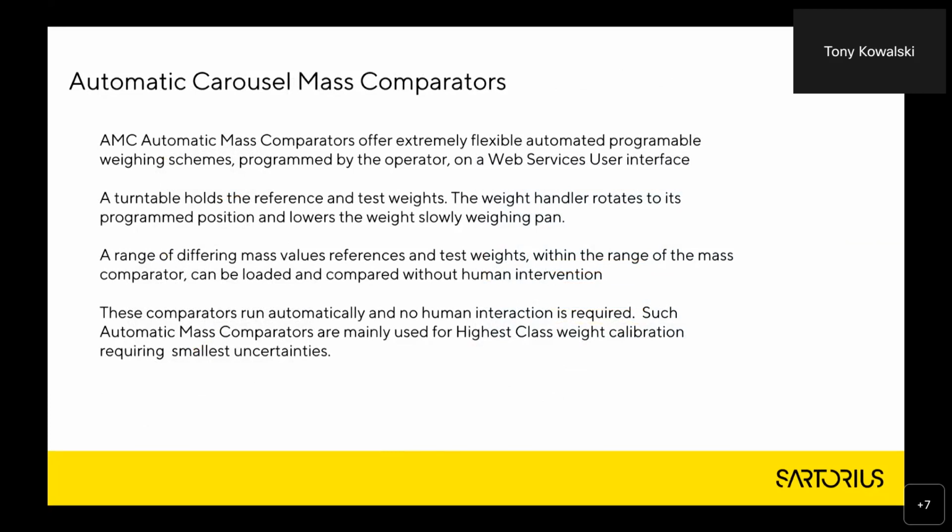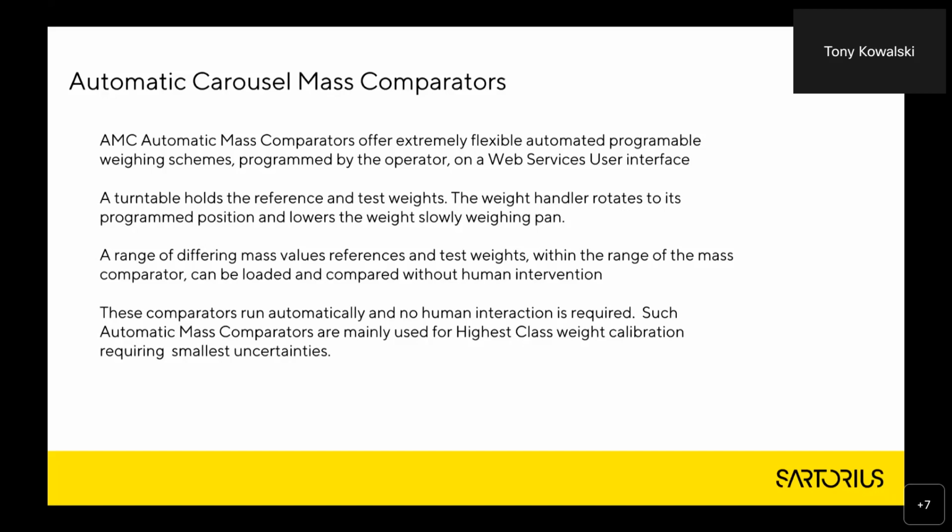The weighing schemes, you can decide whether it's ABA or ABBA, how many cycles you'd like to run. And the latest mass comparators, you don't have a standard laboratory balance display. You connect using a laptop or a PC with the web browser, and it's a web services user interface.